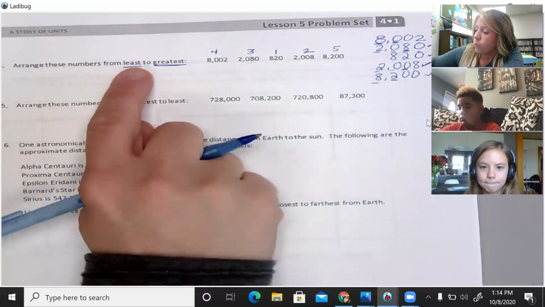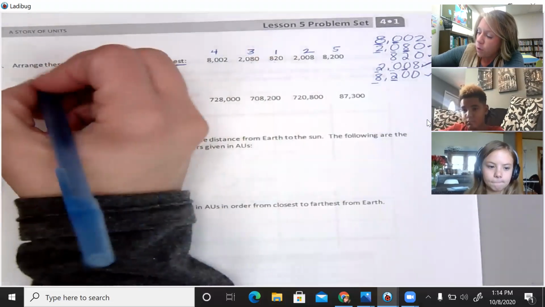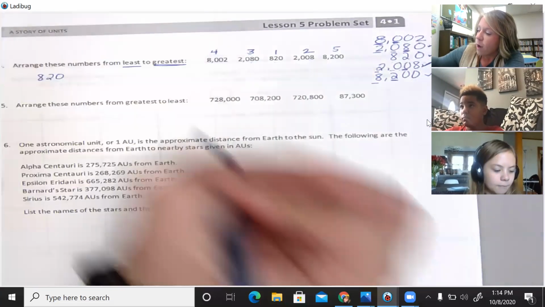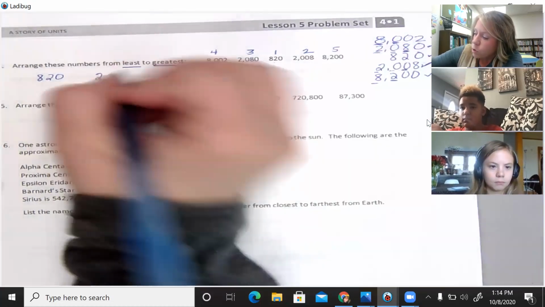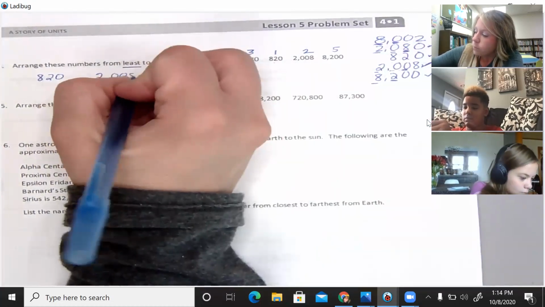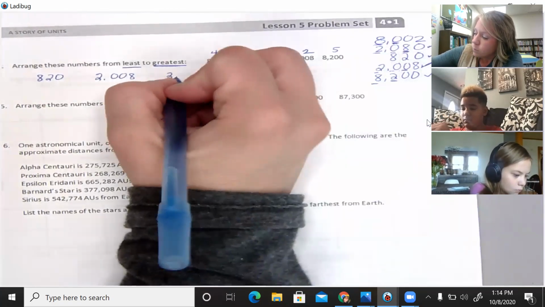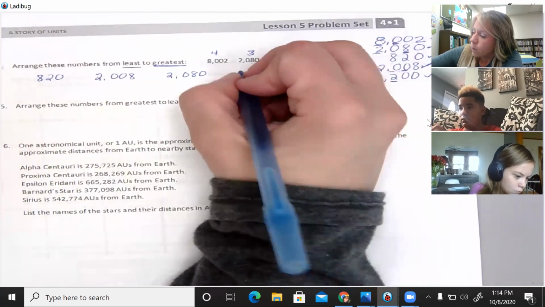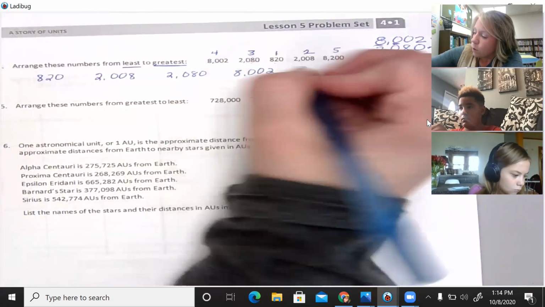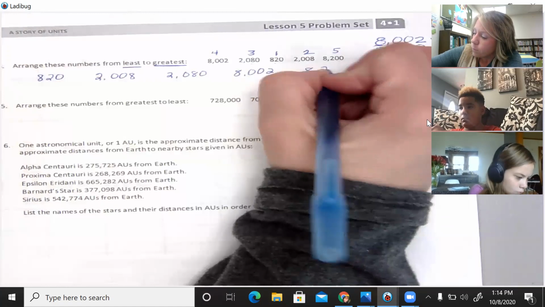So then we put them in order from least to greatest. So now I'm just going to go through and write them, kind of spacing them apart because I don't want too many commas. One, two, three, 4, and 5.